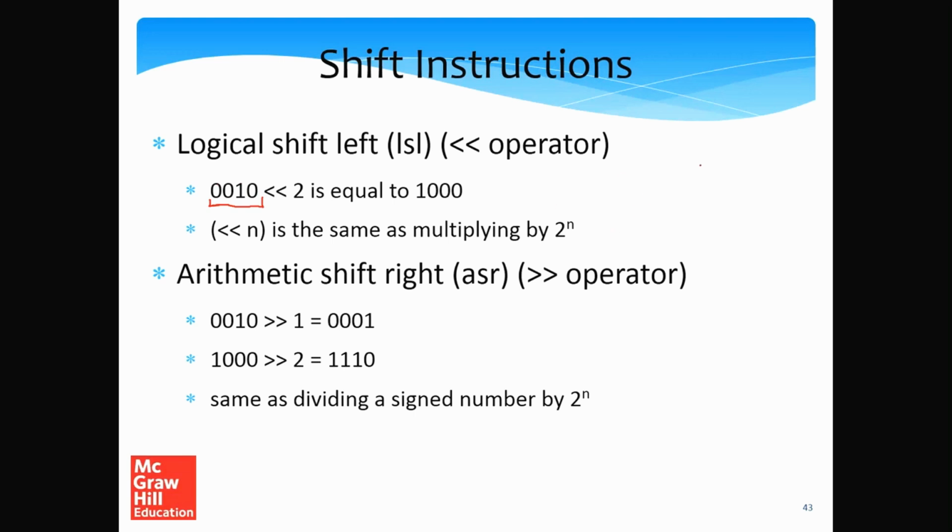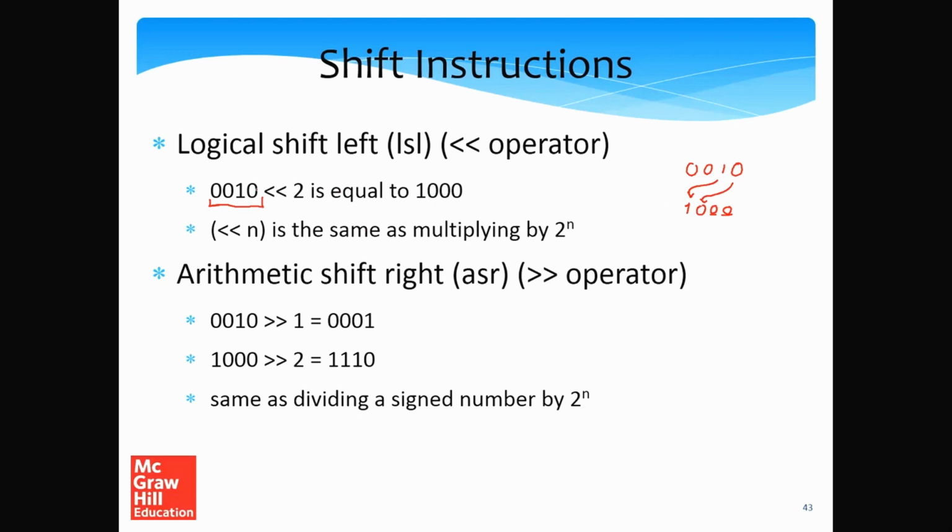So what will we have? The 1 will come over here, 0 will come over here, and 2 new positions will be created. We just add 2 more zeros. So 0010 left shifted by 2 is equal to 1000.